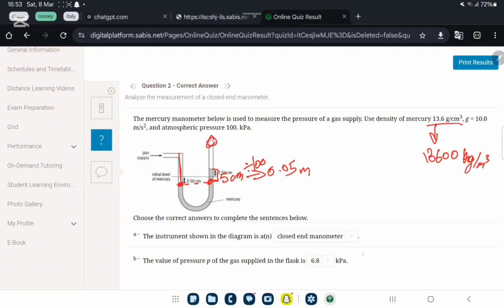Pressure equals density, G H. Density is 13600 times G 10 times H, 0.05. You put it in your calculator, 13600 times 10 times 0.05. You get 6,800. They want the answer in kilopascals, so you divide by 1000, and you get 6.8 kilopascals.